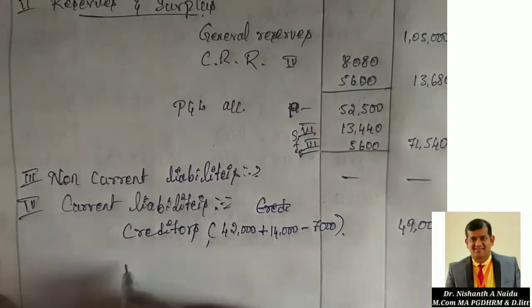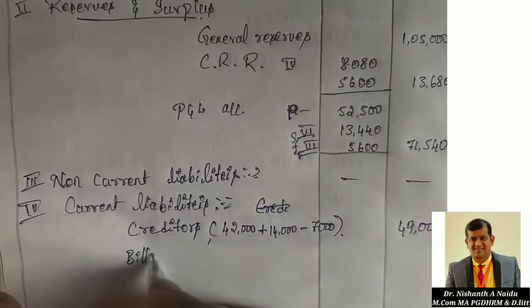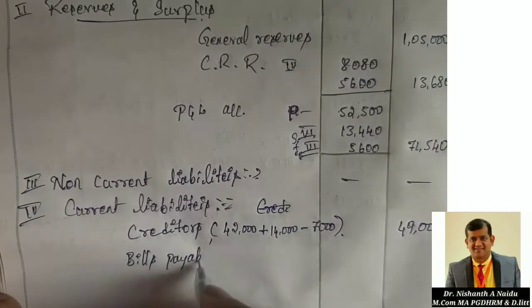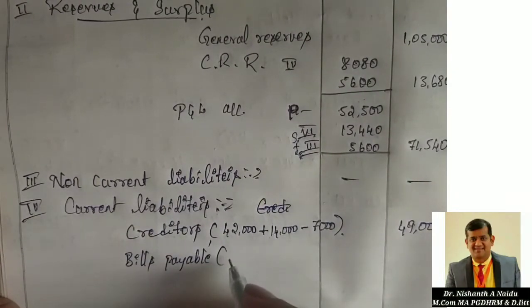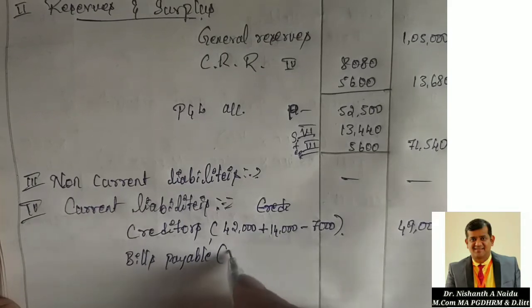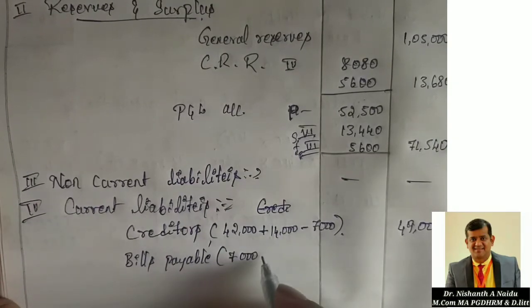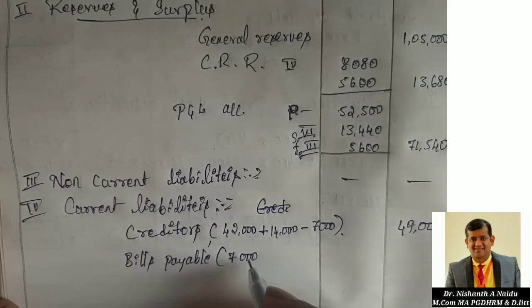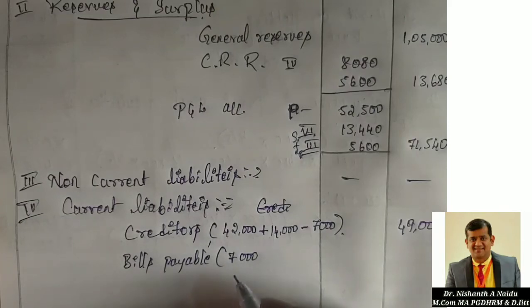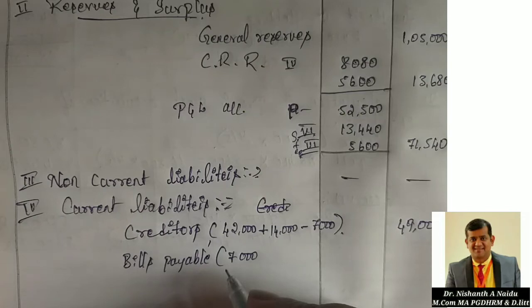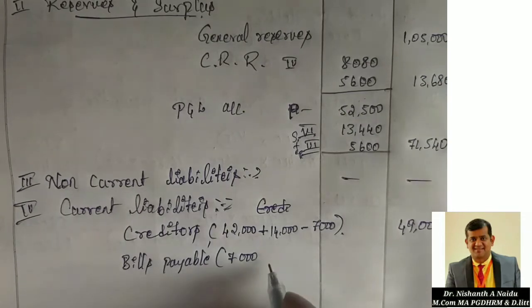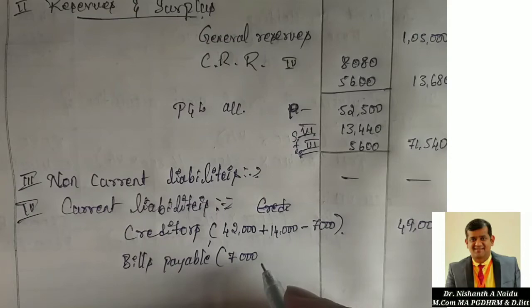Okay. Next we have bills payable. P Company Limited bills payable, how much is given? Nil. Q Company Limited 7,000. But for bills payable also there is one adjustment, right? Adjustment number 1, bills payable of Q Company Limited includes rupees 3,500 due to P Limited.